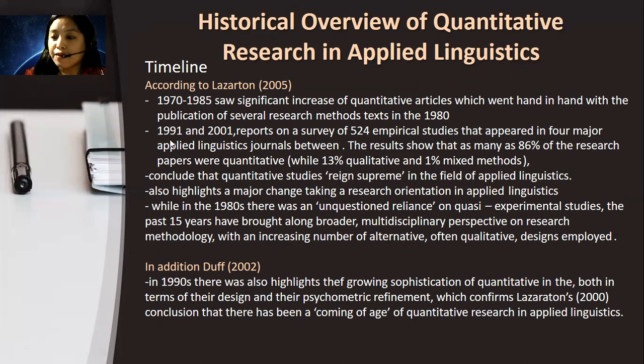Then for 1991 to 2000, a survey of 524 empirical studies that appeared in four major applied linguistics journals between these years showed that as many as 86% of the research papers were quantitative, while 13% were qualitative and 1% were mixed method.